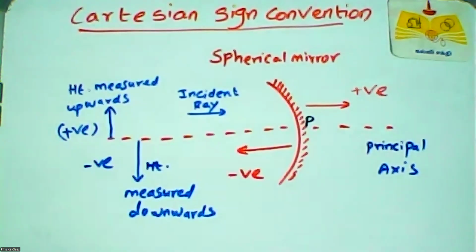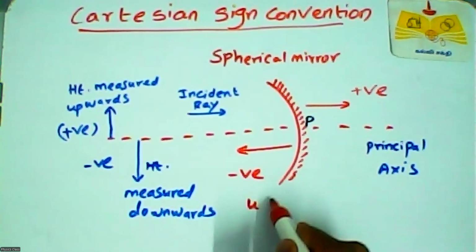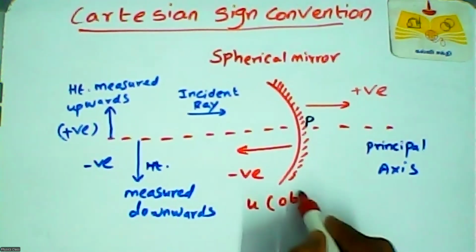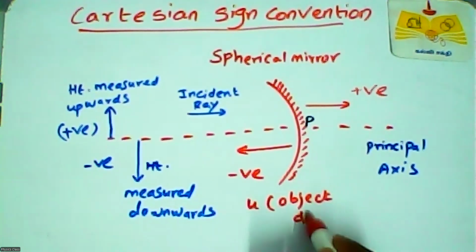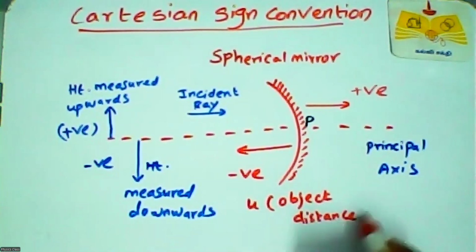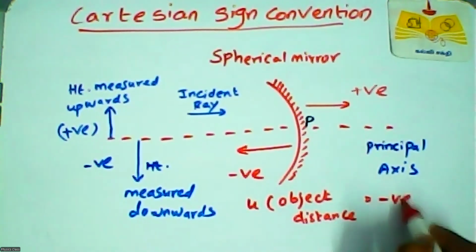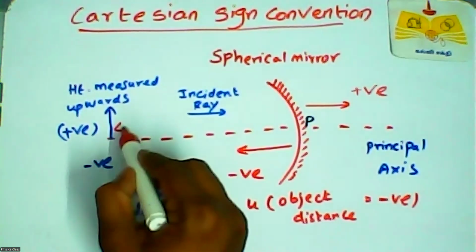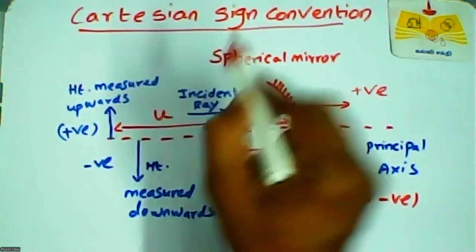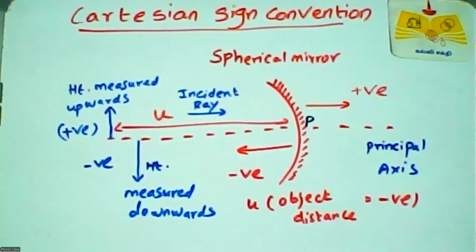This is the object distance u. U is negative. Object distance means here to here. For the image distance, it will change.